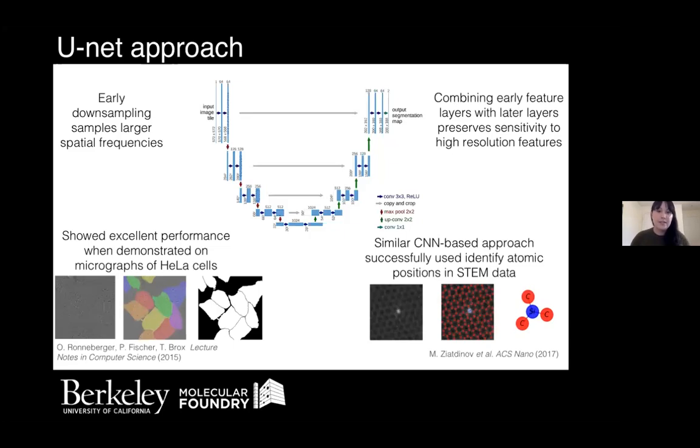This UNet is actually the original UNet that was published in Ronneberger's paper, where they segmented HeLa cells from optical microscopy data. Similar approaches have been used to identify point defects in scanning transmission electron microscopy data. There's a lot of great work out of Oak Ridge showing this capability in two-dimensional materials. So this was our motivation for choosing this particular architecture.